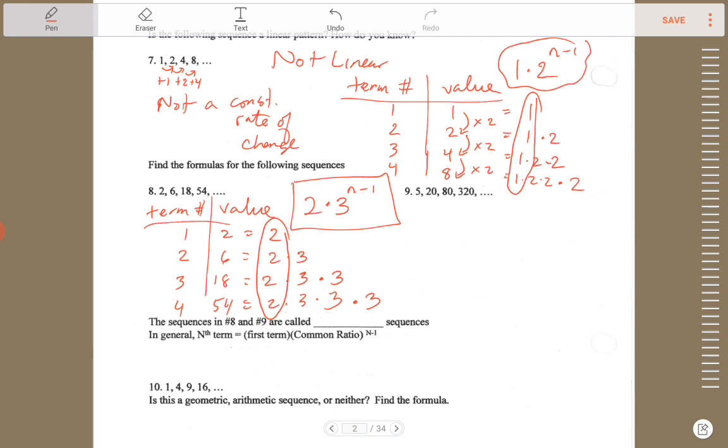Number 9. Notice here, we're going 5 to 20, 20 to 80, 80 to 320. Hopefully you're starting to see that repeated multiplication again. You have to multiply by 4 every time.